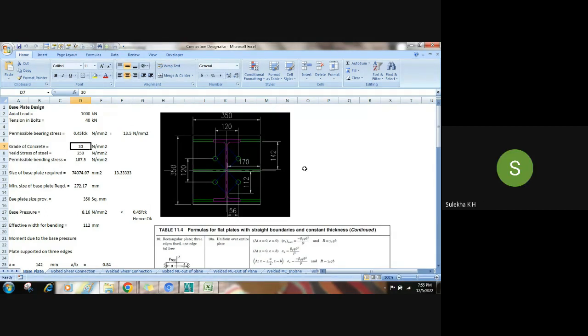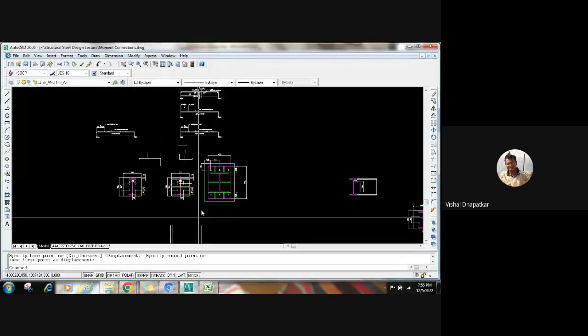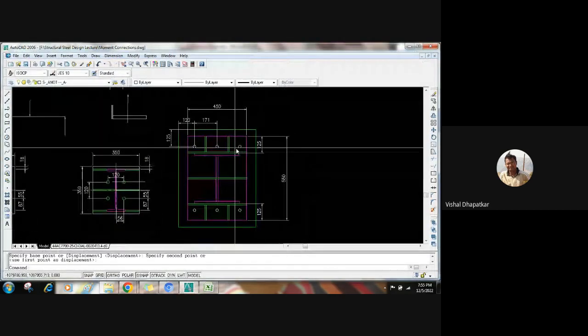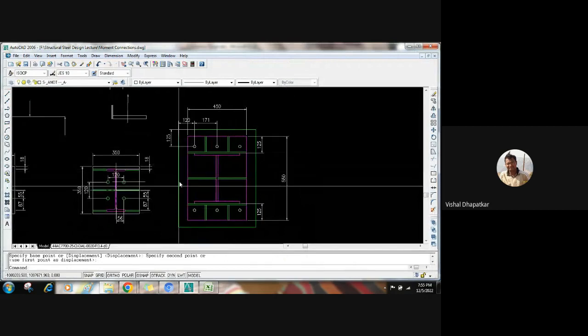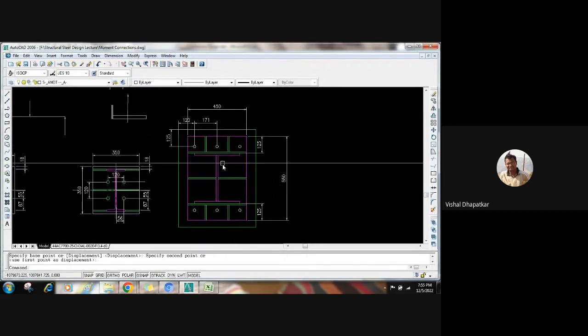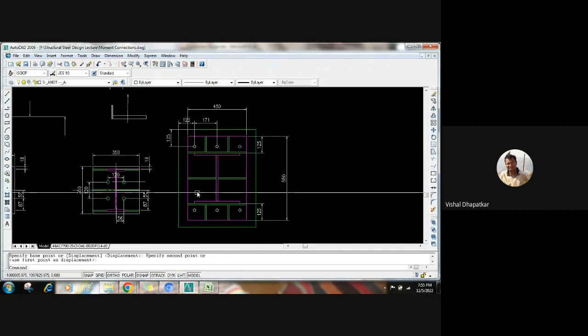Sir, how will you give fixed butt joints? Fixed butt type support is the same one. So this is fixed type, but it is released in this direction. This is fixed butt type. If you want to have fixed in both directions, then there will be some bolts here as well and here as well.